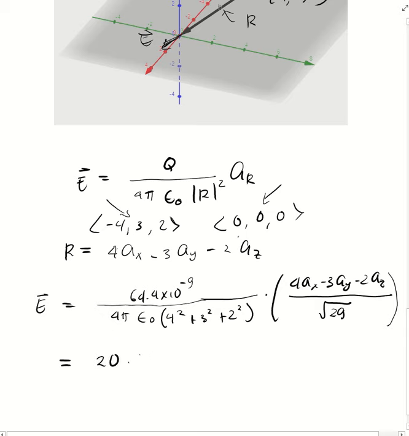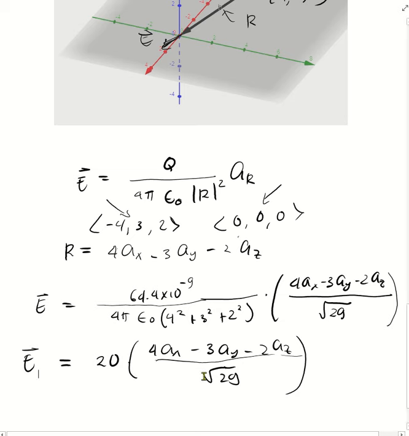Then you multiply it with that one, 4ax minus 3ay minus 2az all over square root of 29. I don't need to distribute that one. It's better if it's in this format.